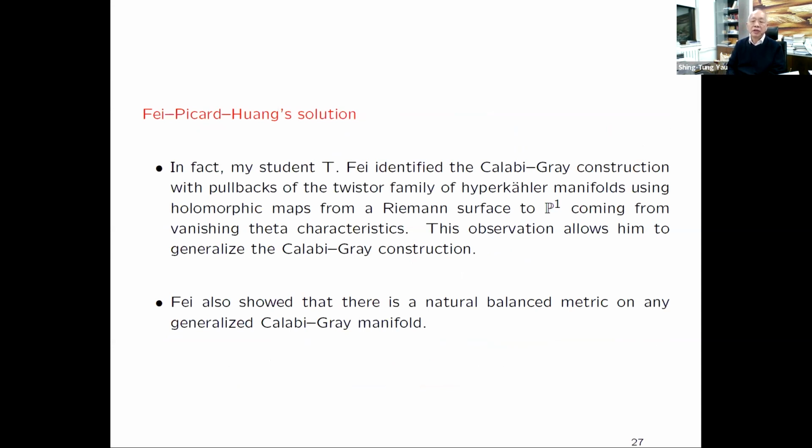This observation allows him to generalize the Calabi-Gray construction. Fei also showed that there is a natural balanced metric on any generalized Calabi-Gray manifold. So there's an interesting class of manifolds that was constructed by Calabi and generalized by Gray, and these are a good class of balanced manifolds, which I think deserve to be studied more.